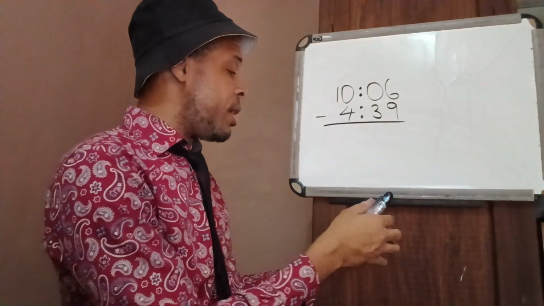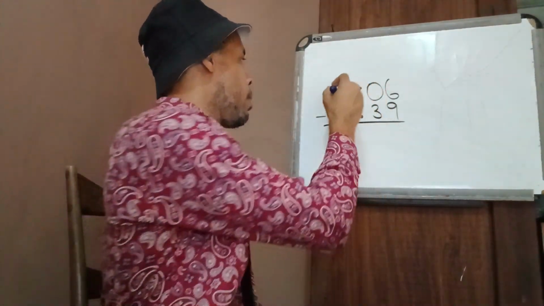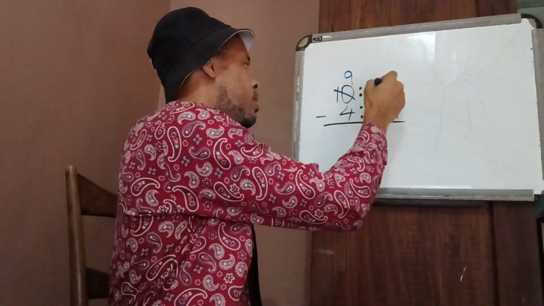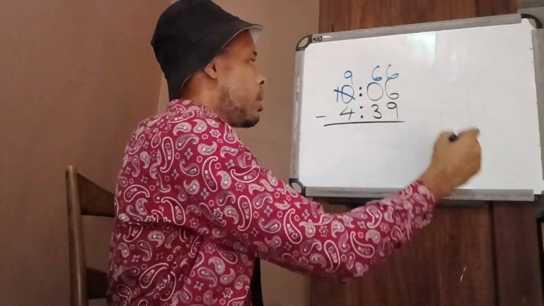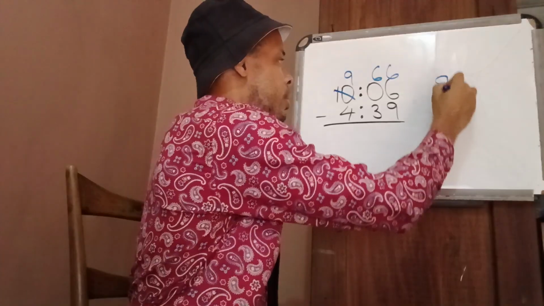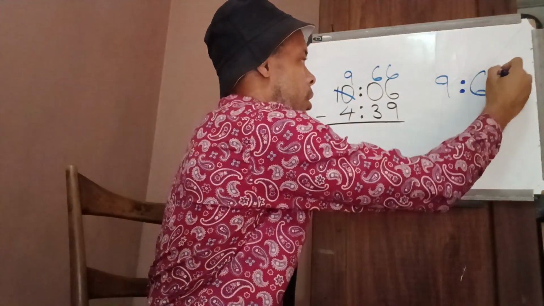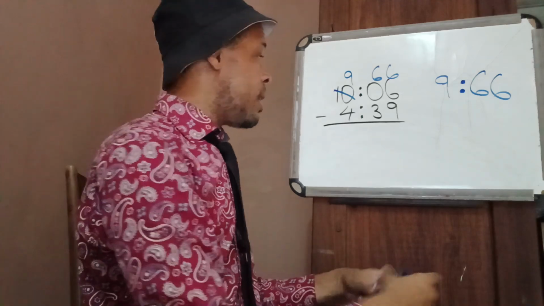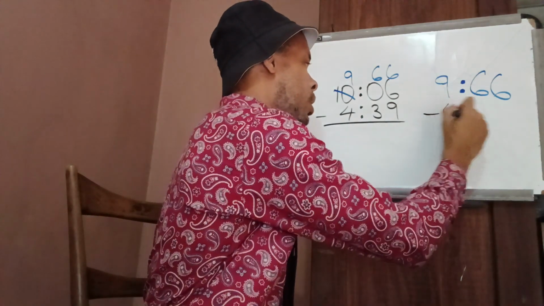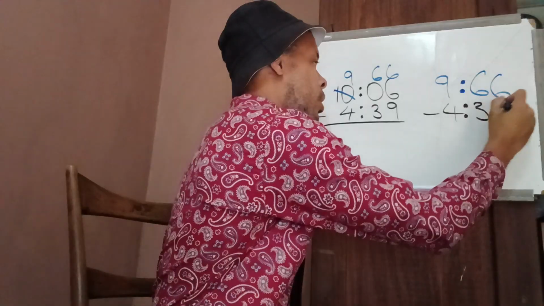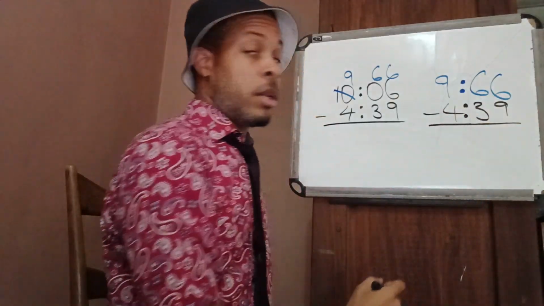Let's try another number and see if it works. Alright, let's change this to, let's take 1 from that, and then we add 60 to this, so we could call this 966. And from that we subtract 439.